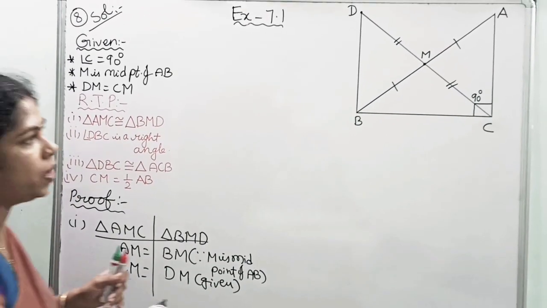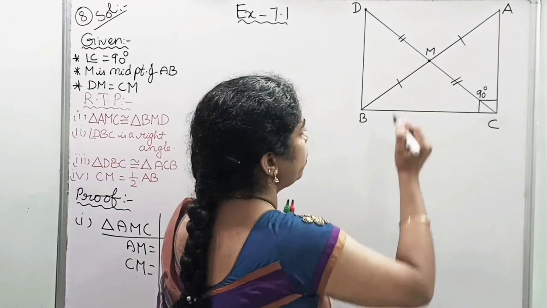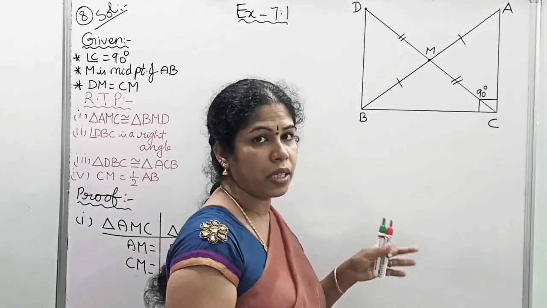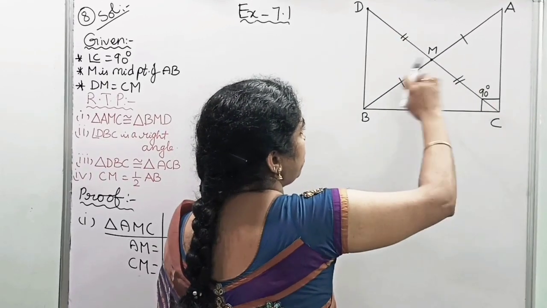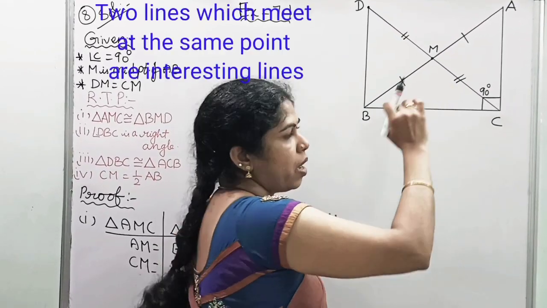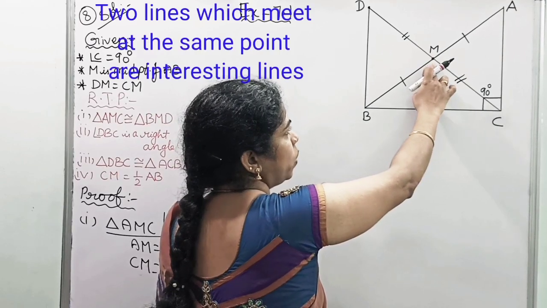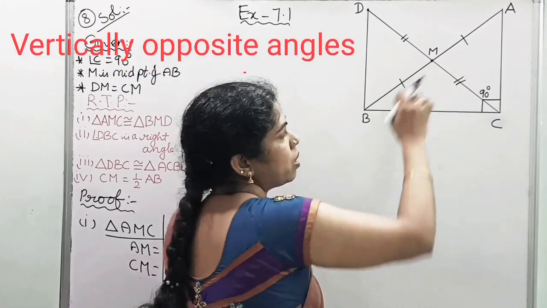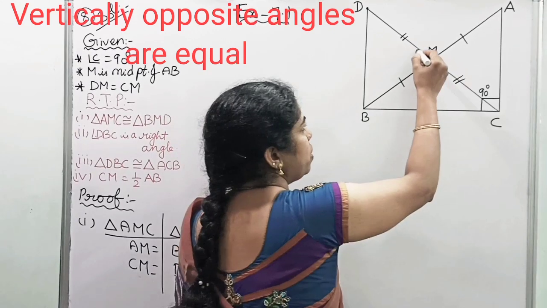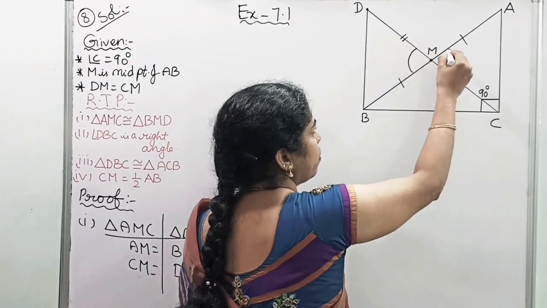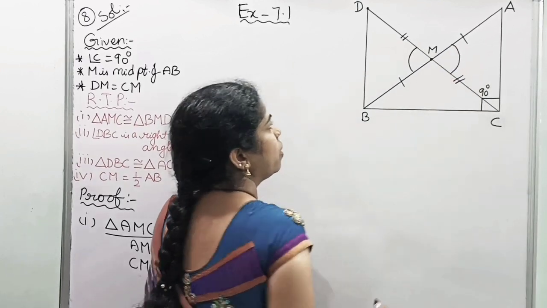Next part we need to find out. We need to recognize the third corresponding part which are equal. If you observe CD and AB line segments, they are intersecting at M. So when they are intersecting, the vertically opposite angles so formed will be equal. That means this angle will be equal to this angle.